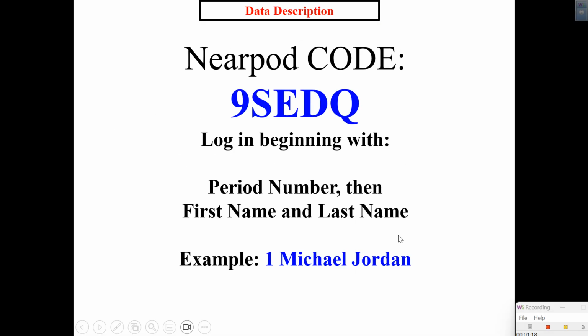Also a reminder, here's a code for your study guide in case you forgot. Once again, 9SEDQ, 9SEDQ. You can find your study guide in there.